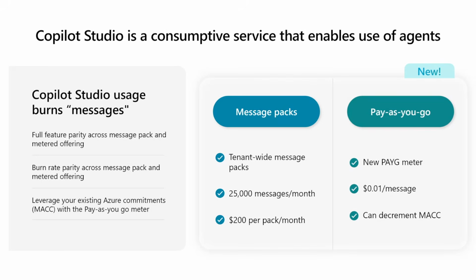Next to the prepaid messages, you can go with a pay-as-you-go pattern, which gives you $1 per message. Then you can see the messages getting consumed by the agents when you have done the proper configuration within PPAC. Then you're well set, and you have the best possibility to run these actions.